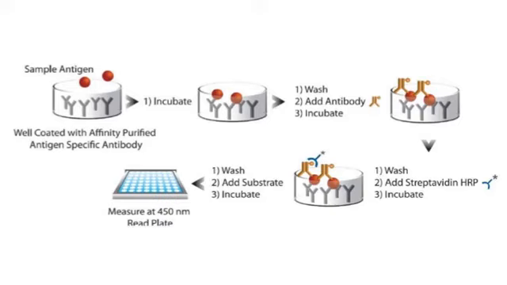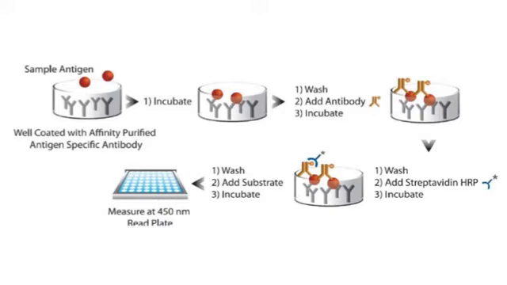Then we do a washing step. Then we add the sample containing the antigen and incubate it for a certain time, like 1 hour or 2 hours. Then we do a washing step and we add the primary antibodies, and we do an incubation step.